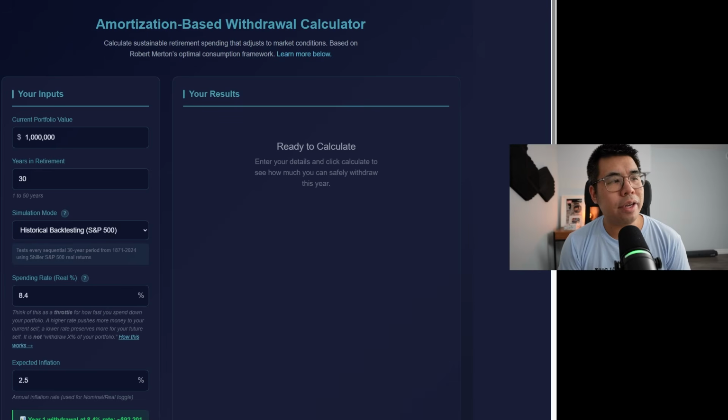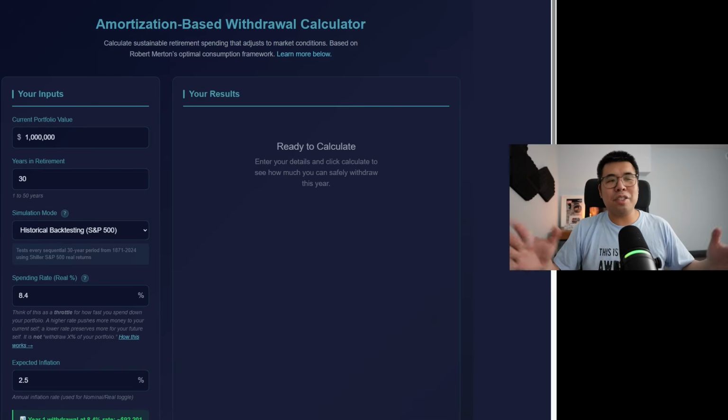Now, what do I get out of it? Like I said, I get out of looking at the worst case scenario, which is also what the 4% rule was trying to find. It was trying to find a number that you can withdraw using the fixed withdrawal strategy that allows you to survive 90 to 95% of possible scenarios, assuming your future scenarios are like the US data that they use.